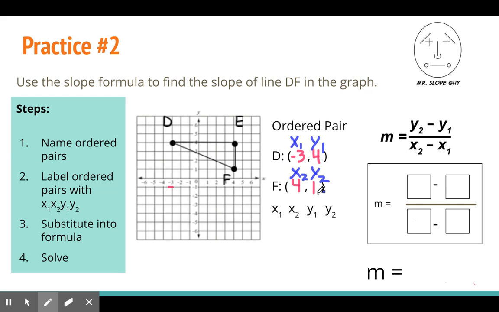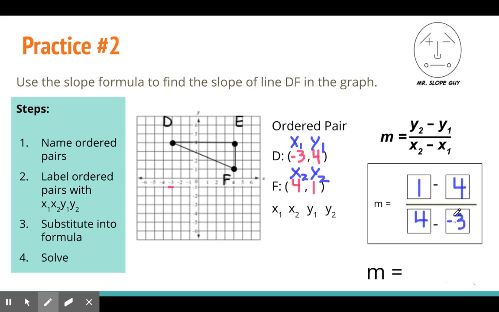So now let's go ahead and plug into the formula. It says y2 is 1 minus y1 is 4 over x2, 4, minus x1, negative 3. So be careful here. You're going to notice minus and negative.